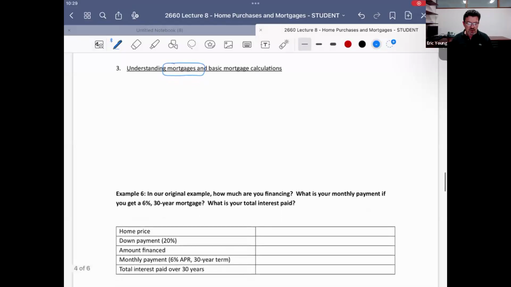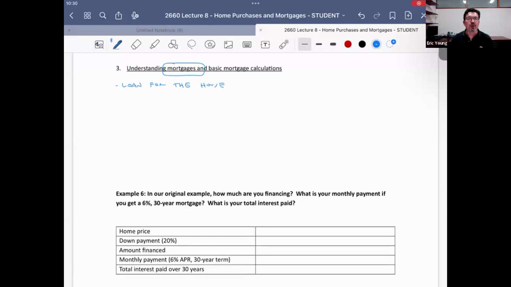And the mortgage is basically the loan for the house. So when you buy a home, you're going to put a little bit down in cash and you're going to finance the rest. You're going to borrow the remainder amount.